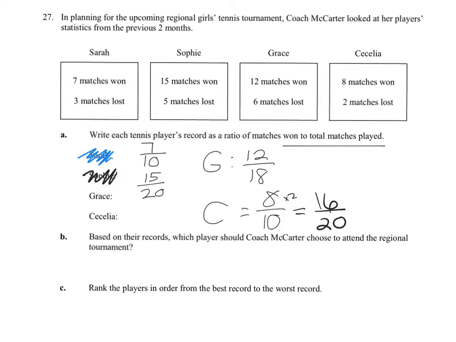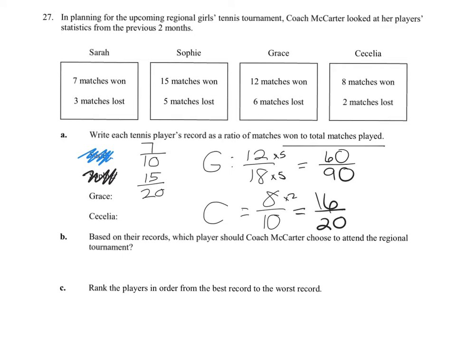So now we're down to Grace and Cecilia. So we can find a common multiple. I know that we can multiply this by 5 to make it out of 90. And then multiply this by 5, which gives me 60.